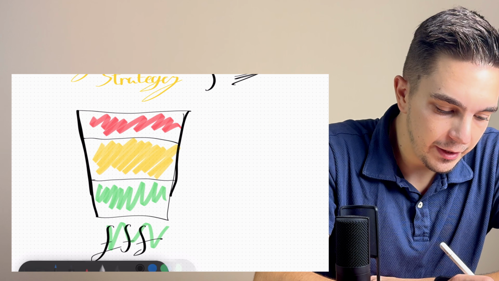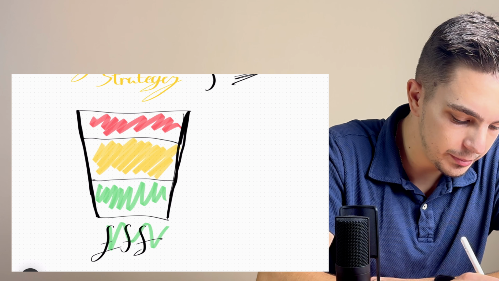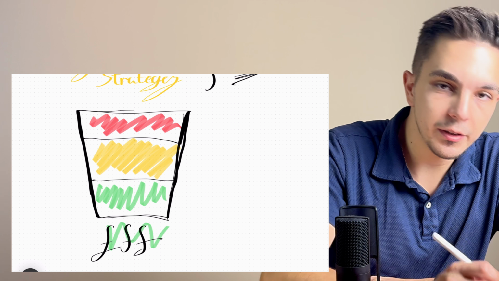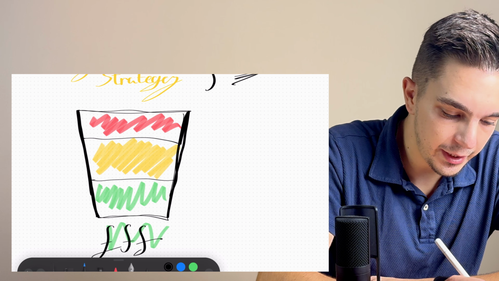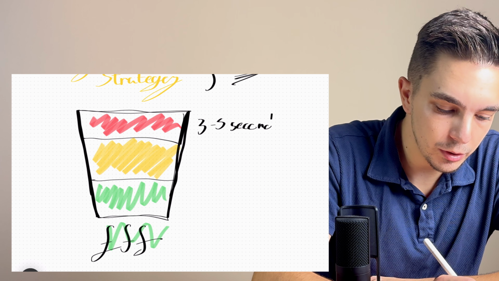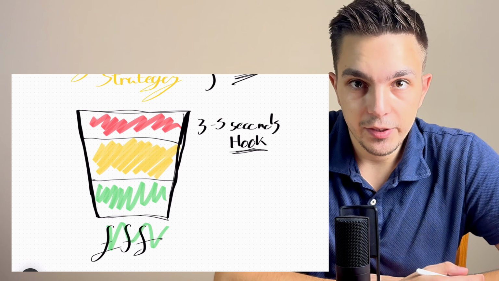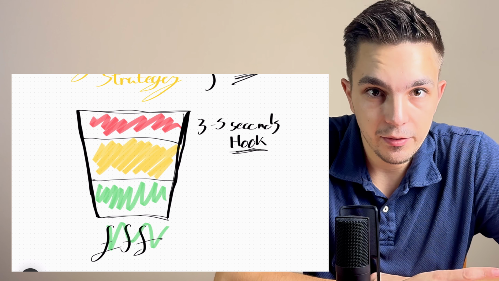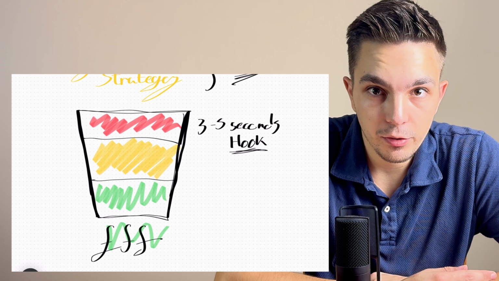The very first thing, and the reason this is red, is because the very first thing we want to obsess about is the first 3 to 5 seconds of our videos, and these go here. So the first 3 to 5 seconds, this is called a hook, obviously. What we want to do with these 3 to 5 second hooks is obsess about that at the very start and make that one of the most important things we do with our video content.